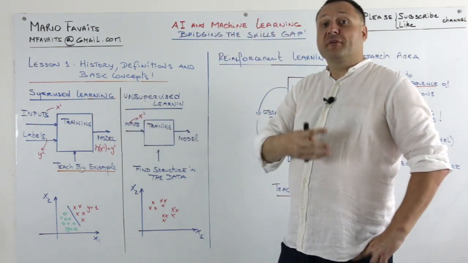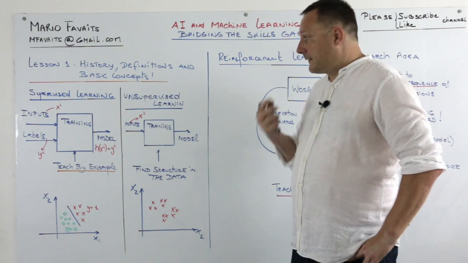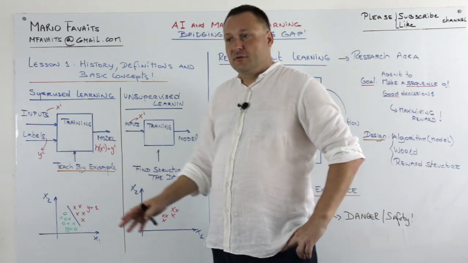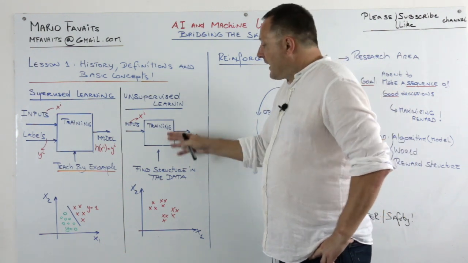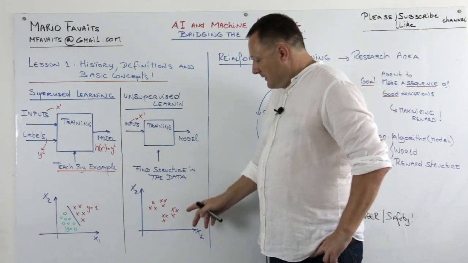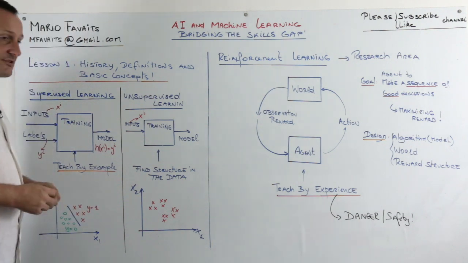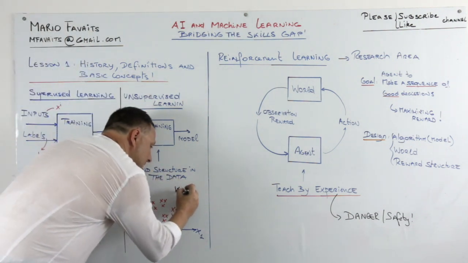So if you have supervised learning, you guessed it right, you will have also unsupervised learning. Unsupervised learning, you don't give the computer the outcomes. You just feed it with inputs, data, and you ask the computer to find structure in that data. Give an example here. This is, for example, a clustering algorithm. Clustering algorithm that could be k-means.